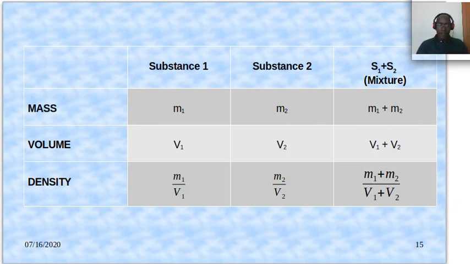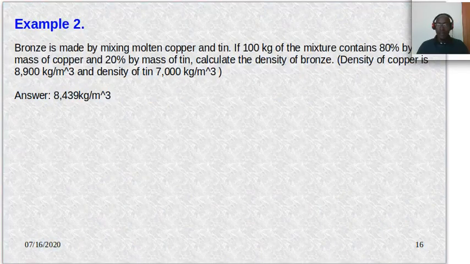Well, I am sure you are now ready for a challenge. Try to use the same method and solve this example too. You are given a broth made of mixing molten copper and tin. If 100 kilograms of the mixture contains 80% by mass of copper and 20% by mass of tin, calculate the density of the broth.